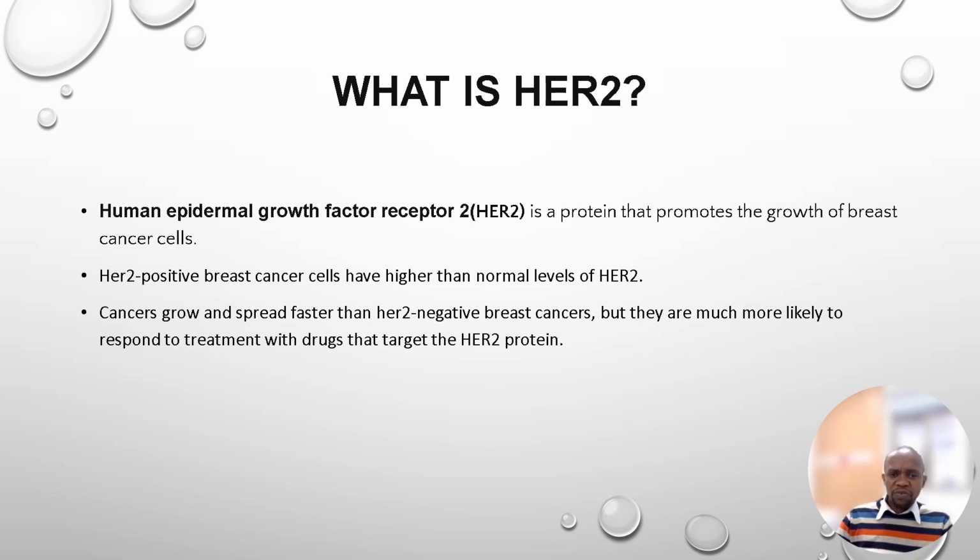Human epidermal growth factor is a protein that promotes growth of breast cancers. HER2 positive breast cancers have higher than normal levels of HER2. These cancers grow and spread faster than HER2 negative breast cancer, but they are more likely to respond better to treatment with drugs that target HER2 proteins.